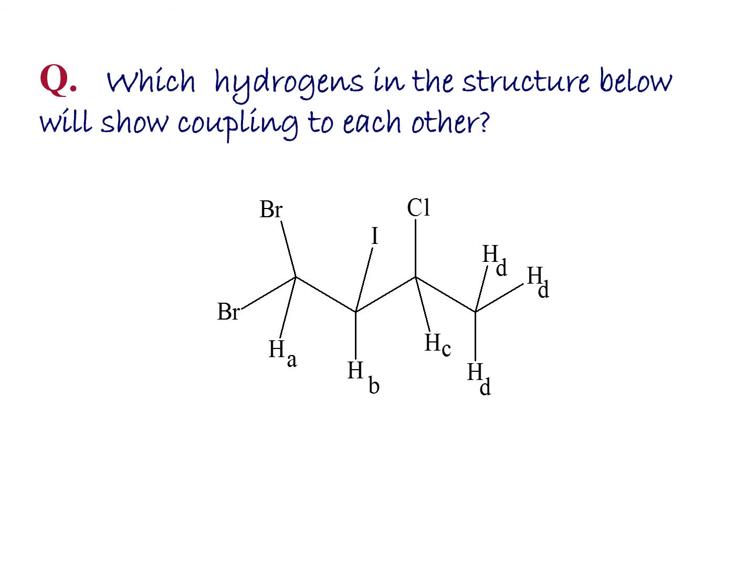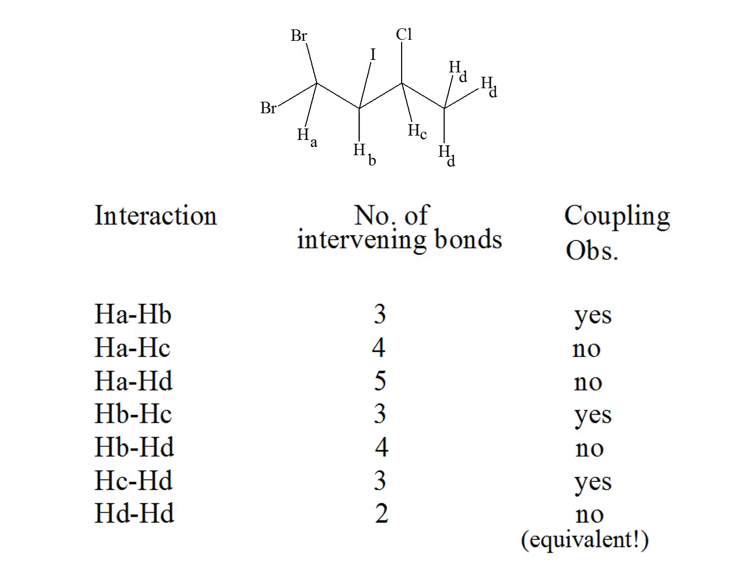Here is an example. Which hydrogens in the structure below will show coupling to each other? HA and HB, bond 1, 2, 3.